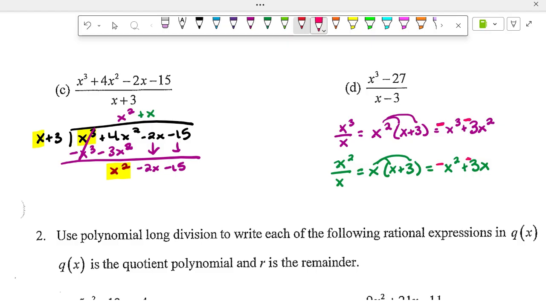Got to change the signs. So I'm going to subtract x squared minus 3x of the whole thing. X squareds cancel out. What's negative 2x minus 3x, Malachi? Not quite. Negative 5x. And then bring down the negative 15.